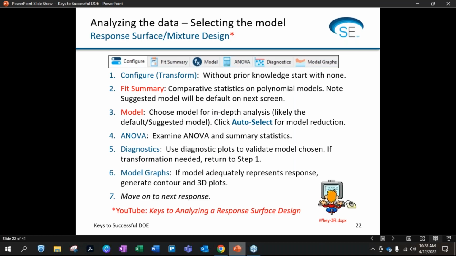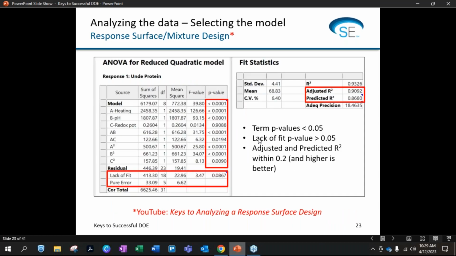Moving over to response surface designs, here you have both a fit summary that will give you a suggested model, a model screen, and then the ANOVA. We're going to look at the ANOVA. So here's your ANOVA.